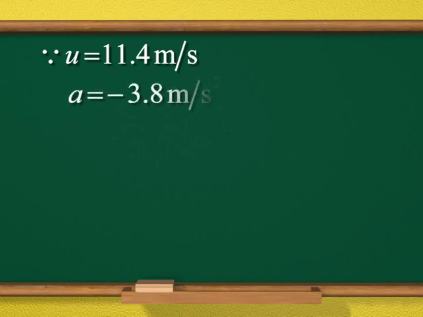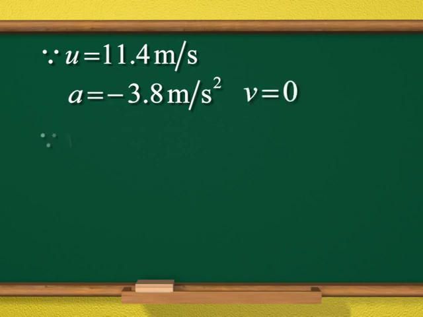Here, initial velocity u is equal to 11.4 meter per second, acceleration a is equal to minus 3.8 meter per second square, and final velocity v is 0.